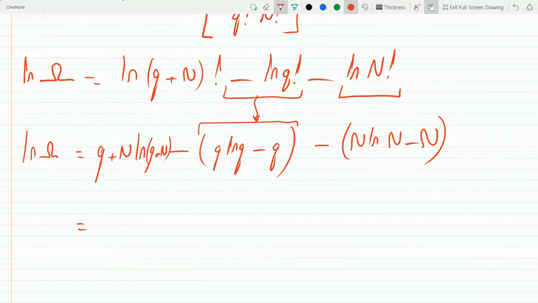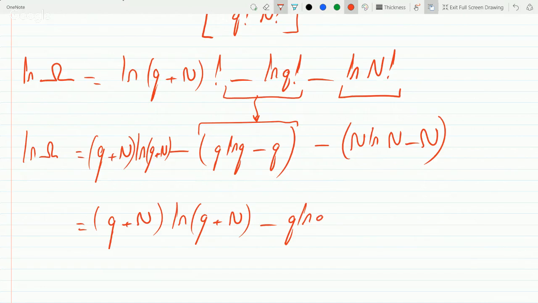So we have (q + N), this needs brackets, ln (q + N) minus q ln q plus q minus N ln N plus N.